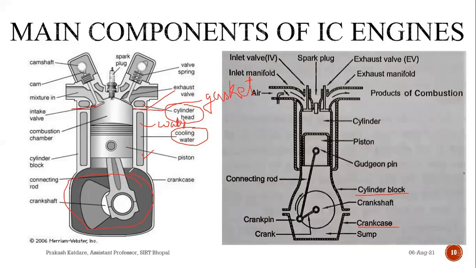And the inner surface of our cylinder block is machined very finely. Its surface finish is very high to the cylindrical shape, and it is known as bore or face. This inner portion we call it as bore or face. It is having a very high degree of surface finish.